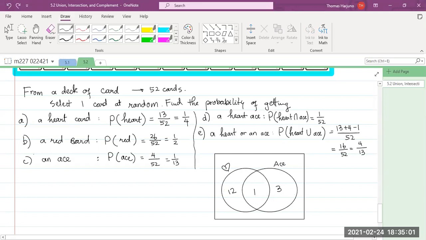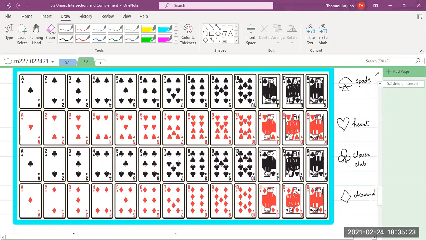Okay, let's do more. This time you do it. How about the probability of getting a diamond or a heart? Count how many cards are diamond, union that with the number of heart cards.